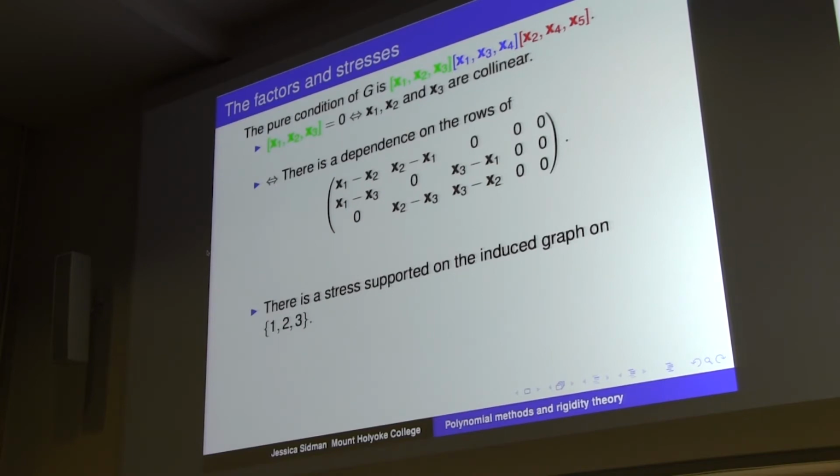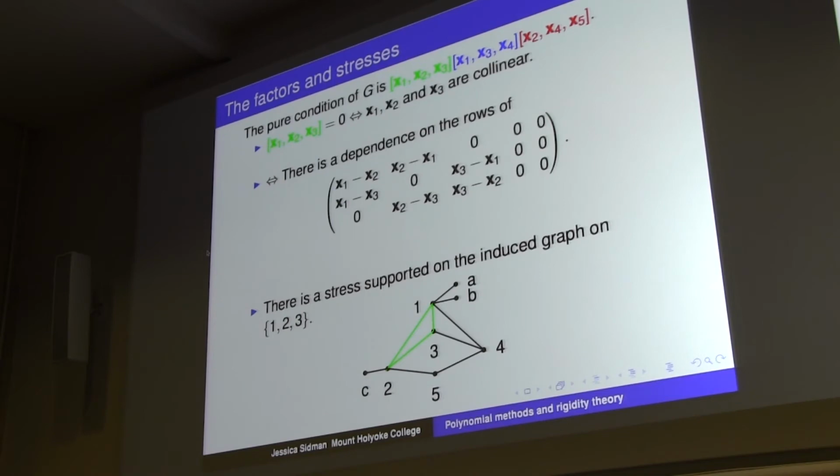And there is a physical interpretation of these stresses. You can think of the rows with positive coefficients as being under either tension or compression, so the signs tell you about tension or compression. So what I see is that there's a linear dependence on these three rows, which correspond to the three edges of that triangle.